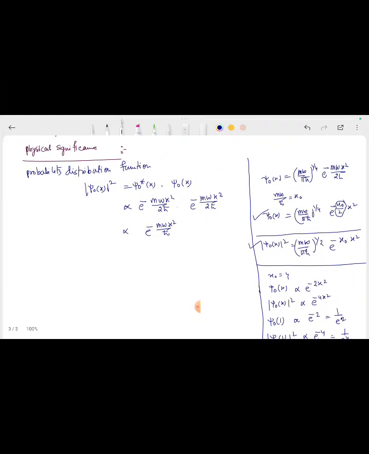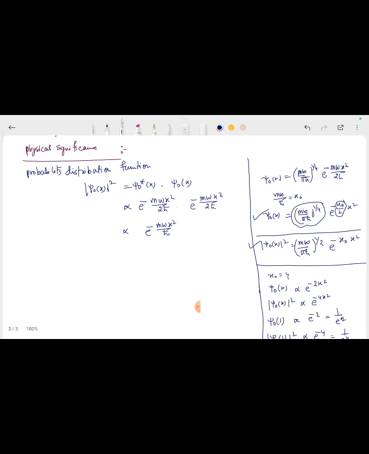The ground state eigenfunction has a peak value (m omega upon pi h cut) whole to the power 1 by 4, and the probability distribution function has a peak value (m omega upon pi h cut) whole to the power half. So which one has the maximum value? One is to the power 0.25, one is 0.5.